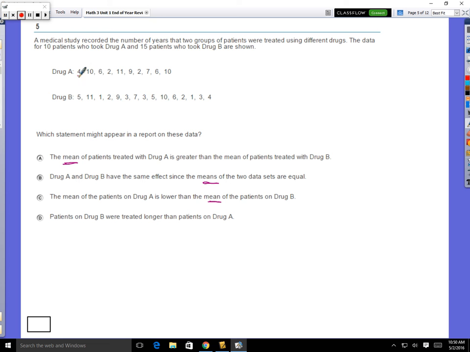So drug A, I'm just going to add them up. 4 plus 10 plus 6 plus 2 plus 11 plus 9 plus 2 plus 7 plus 6 plus 10. And I get 67. And I'm going to divide that by 1, 2, 3, 4, 5, 6, 7, 8, 9, 10. So the mean is 6.7.